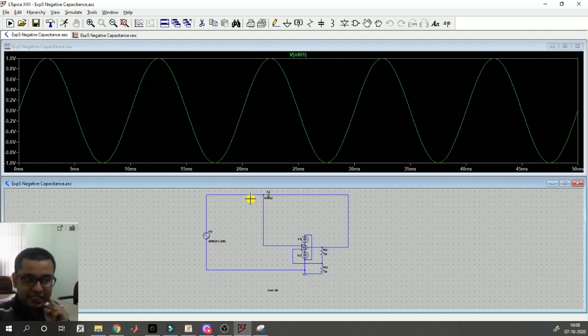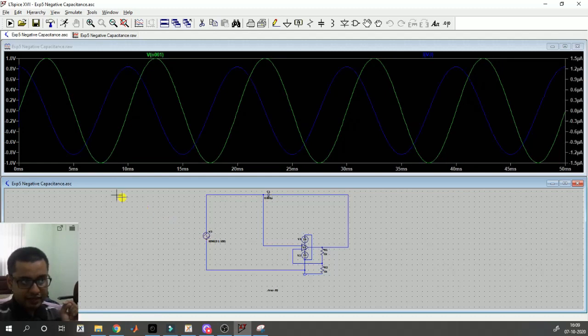To measure that current, take your cursor on top of the voltage source, and then your cursor will turn into a current probe, current meter or current sensing device. And you will see there it is indicating a downward arrow. So it will measure current in the downward direction. Now let me click, and this blue curve shows the current waveform.